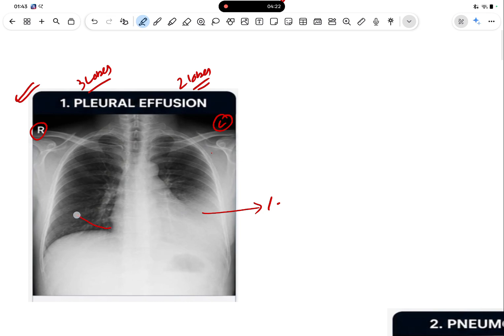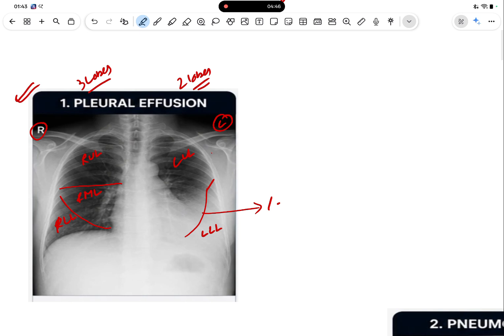We draw like this, just to demonstrate the lobes of the lungs. This is the right upper lobe, this is the right middle lobe, the right lower lobe, this is the left upper lobe, this is the left lower lobe.